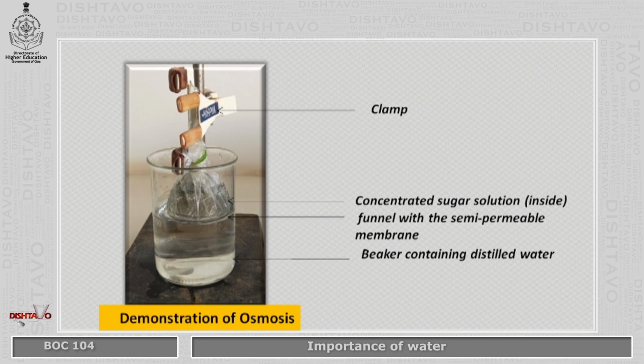You also note down the amount of sugar solution inside the funnel. What you observe is there will be movement of water from pure water to the concentrated solution, increasing the level of water inside. So, this is a phenomenon to demonstrate osmosis simply in laboratory conditions.